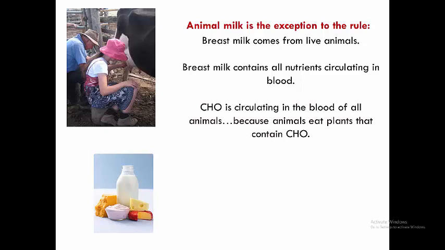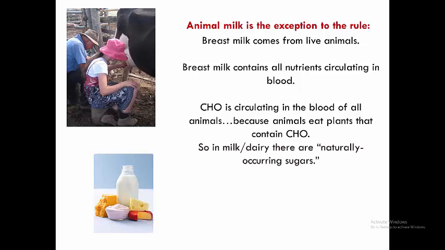That means that if you extract the breast milk, a body fluid, from a living animal, it will contain all of the chemicals that are in the blood, because the blood has been delivering those chemicals to the breast tissue so that they can become a part of the breast milk, so that those nutrients can then be passed to the offspring who consume the breast milk.